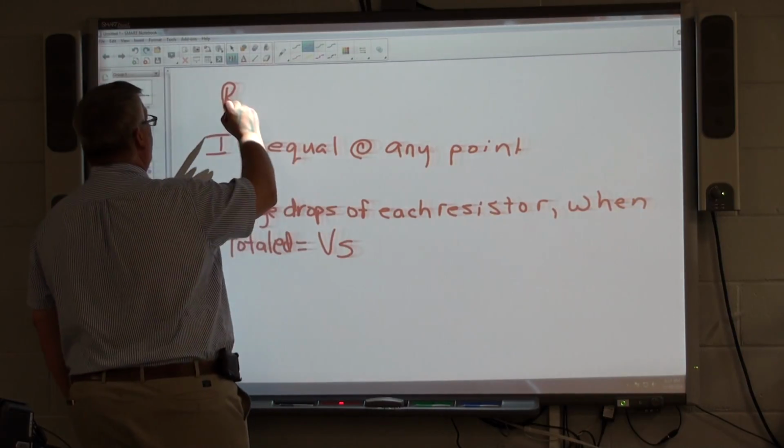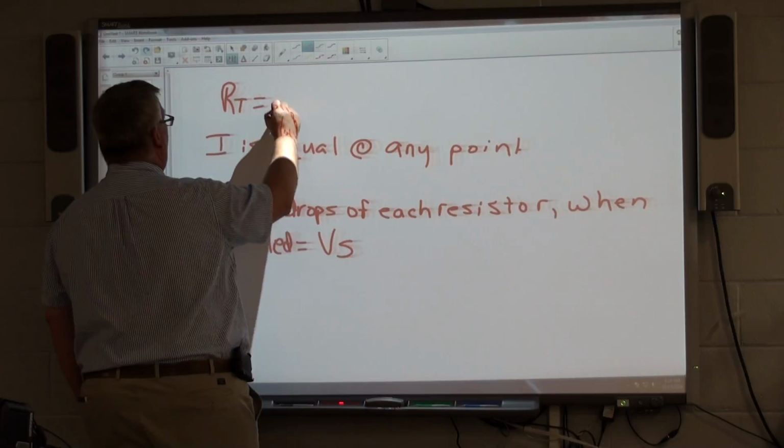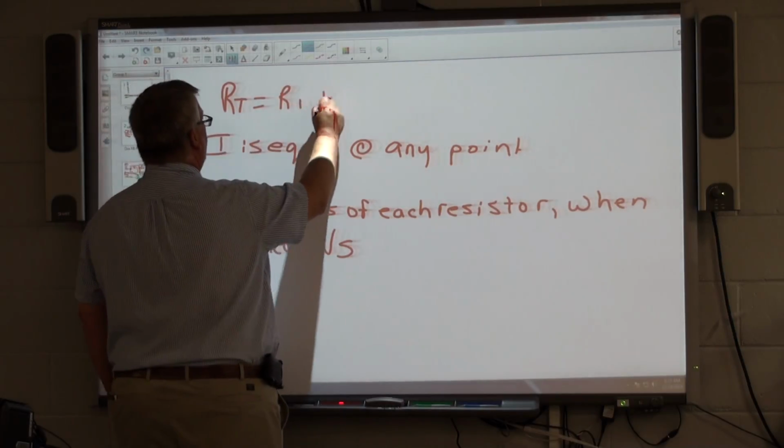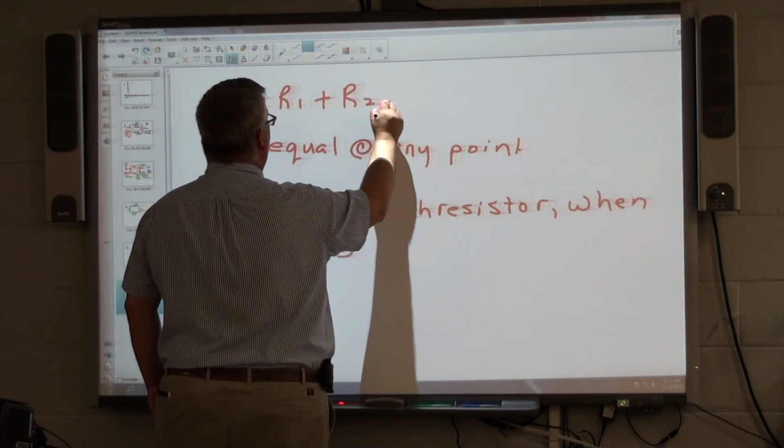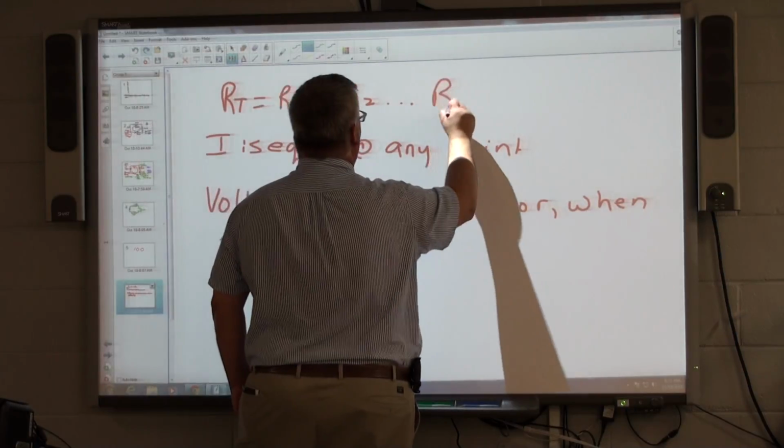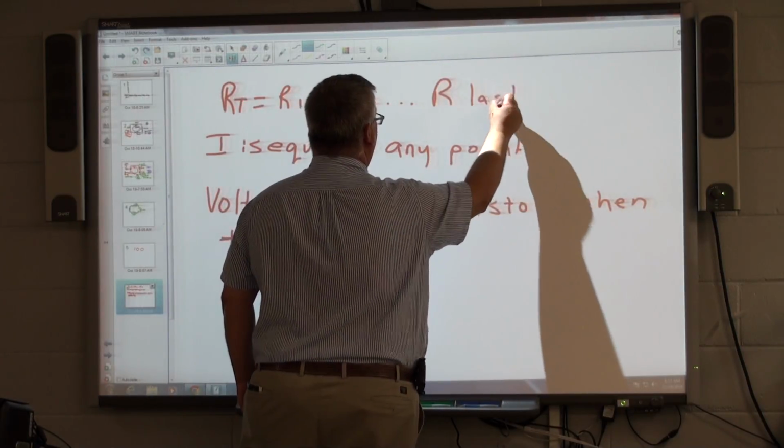And RT is equal to R1 plus R2 plus R last, whatever that might be.